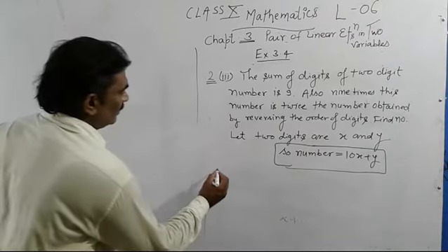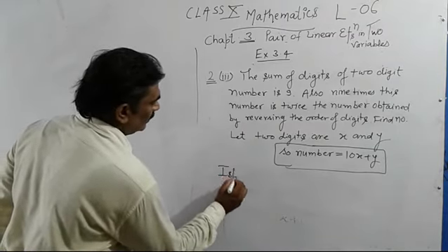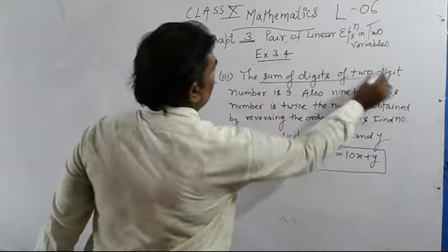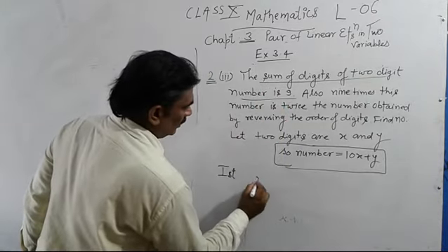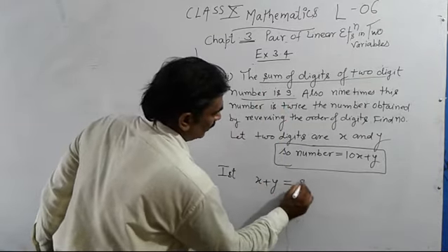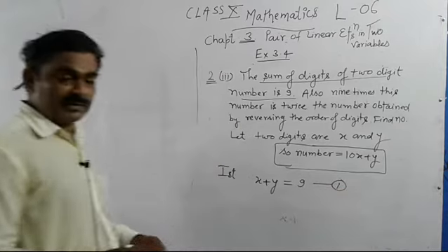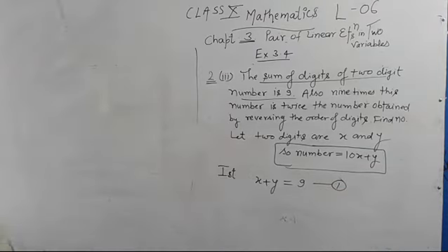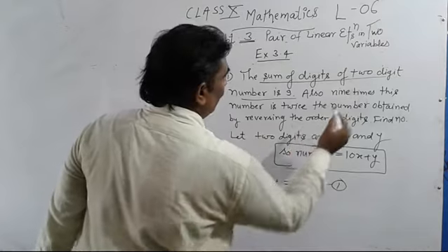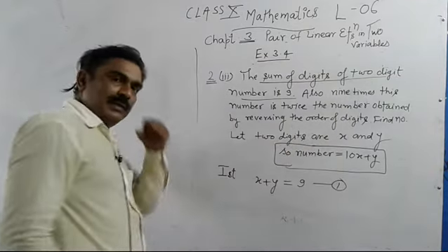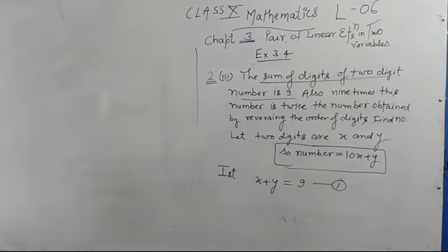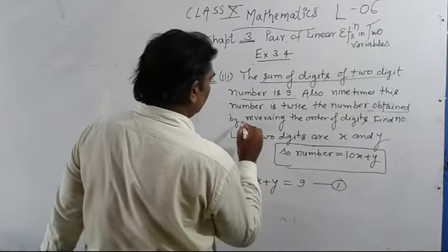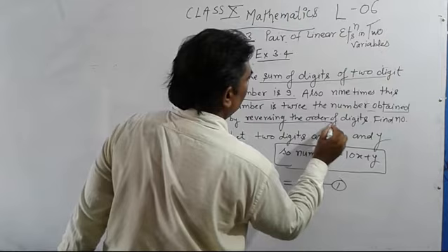So okay students, now the first condition says that the sum of digits of the two-digit number is 9. So x plus y is equal to 9. This is the first equation. Okay students. Now, 9 times, second case, what is it? 9 times this number is twice the number obtained by reversing the order of digits.